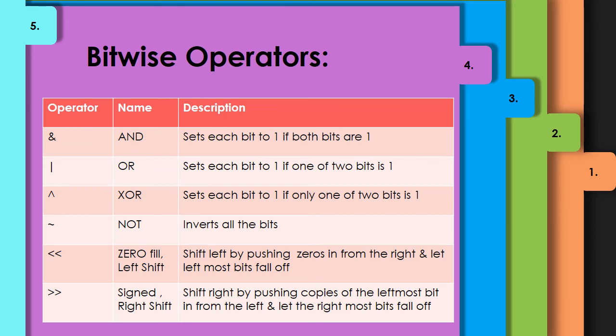It will shift left by putting zeros in from the right and letting the leftmost bits fall off. And right shift, it's a signed right shift. It shifts right by pushing copies of the leftmost bit in from the left and letting the rightmost bits fall off.